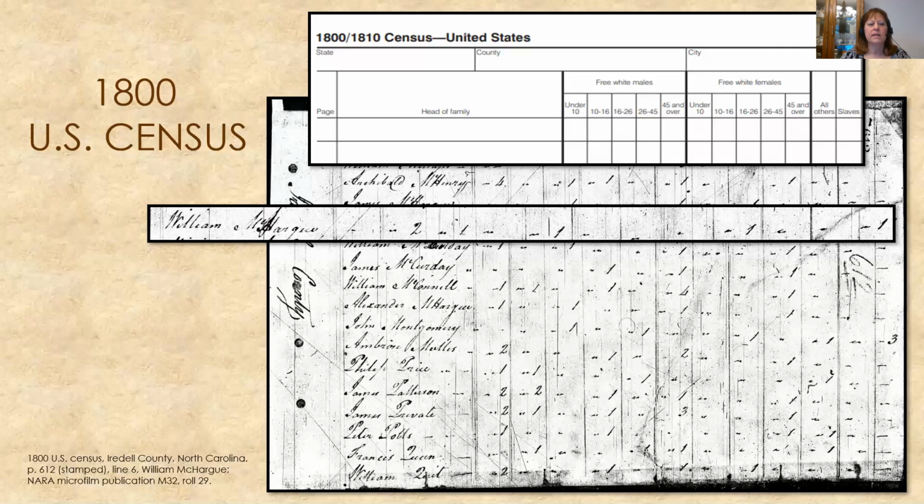And it appears he is enumerated in his own household, shown here, where he was listed with a possible wife and a possible young son and daughter. We now have a clue that Alexander may have been married between 1790 and 1800.